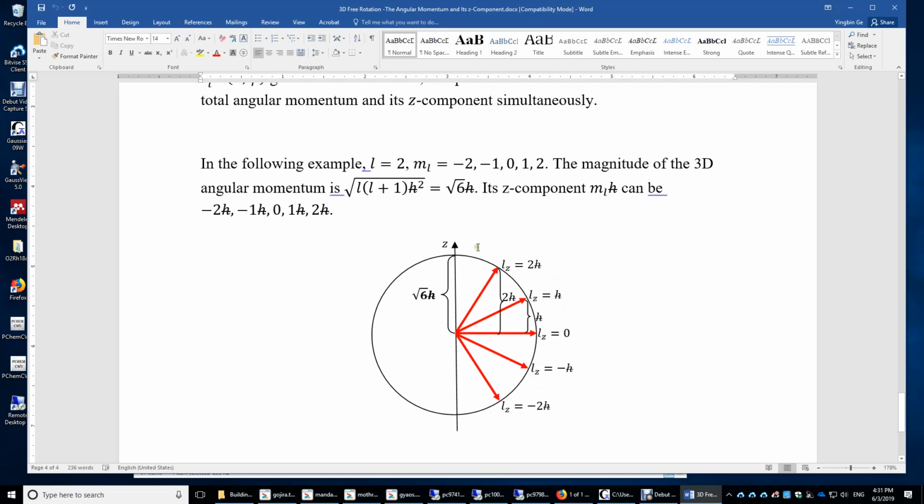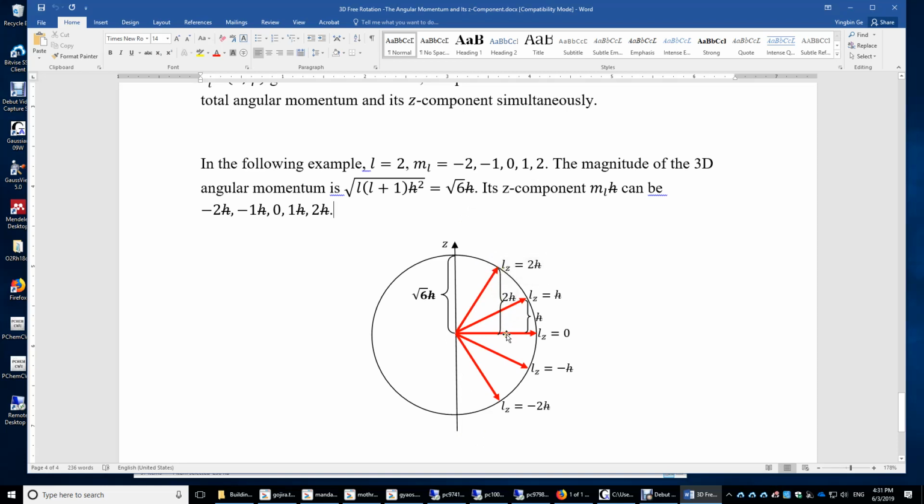So this picture shows you the magnitude of the three-dimensional angular momentum is the square root of 6 times ħ. The length of each vector is the square root of 6 times ħ. And let's say this is the z direction, and then we can get the z component. The z component of this vector is the distance between here and the z-axis.